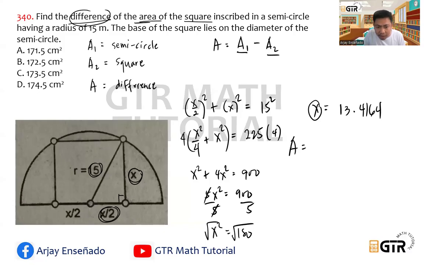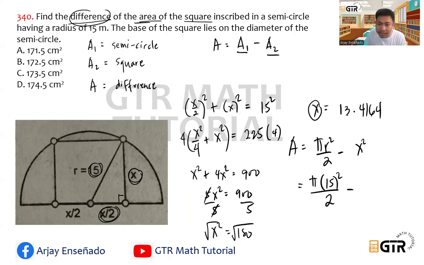The difference A is equal to the area of the semicircle, pi r squared divided by 2 since it's only a semicircle, minus x squared, where x is the side of the square. Substituting the given, r is 15, so we have pi times 15 squared divided by 2 minus x squared.